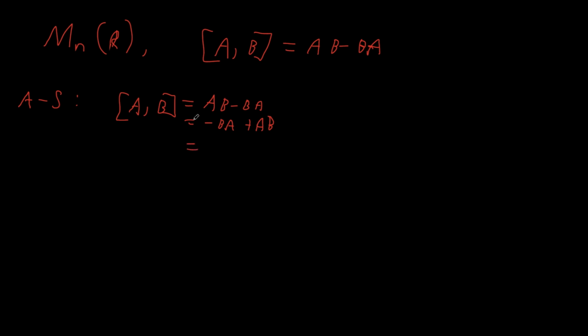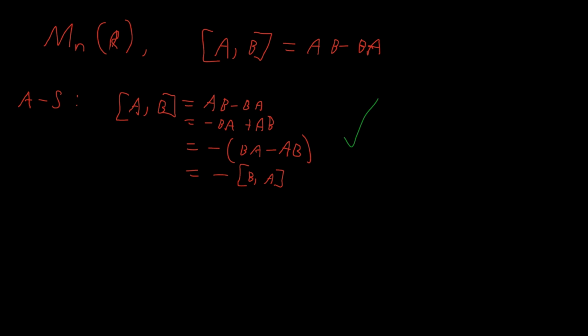And so we can bring the negative out and get negative BA minus AB, and that is just going to be the negative of the bracket of B and A. Fantastic. So we have satisfied anti-symmetry. So we can go ahead and give this a nice big tick. Hooray.